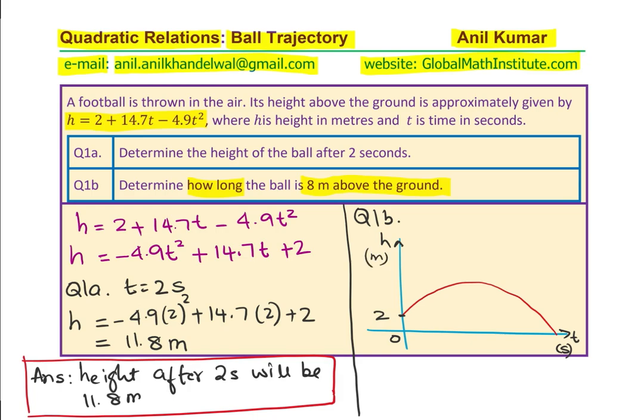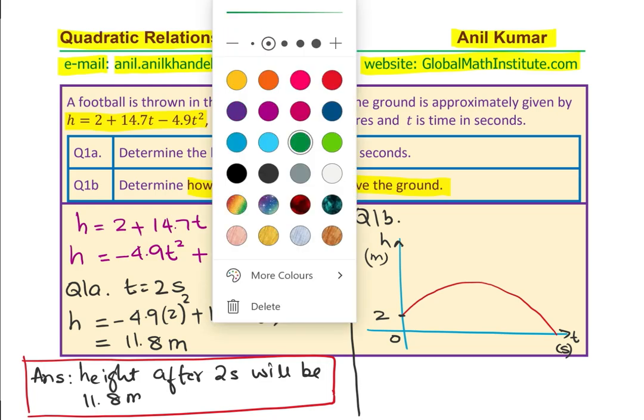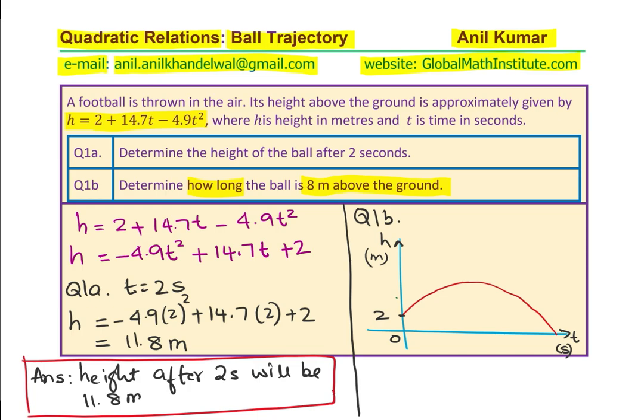Now, when it says how long the ball is 8 meters above the ground, you can draw a horizontal line. This is not to scale. So let us say this is 8 meters. I don't know really, but we can just draw it to illustrate. So it will be 8 meters at some times.